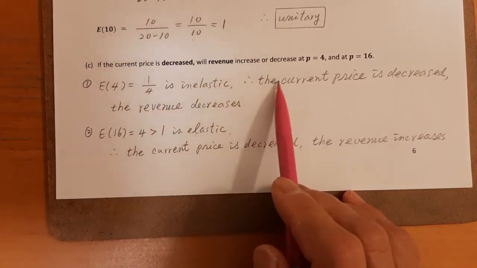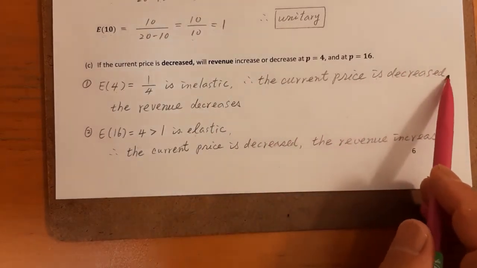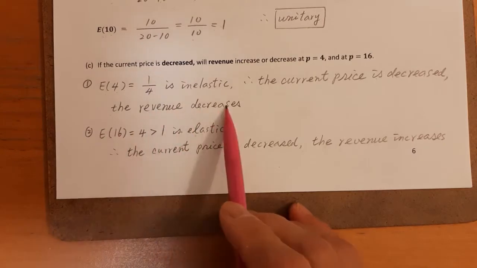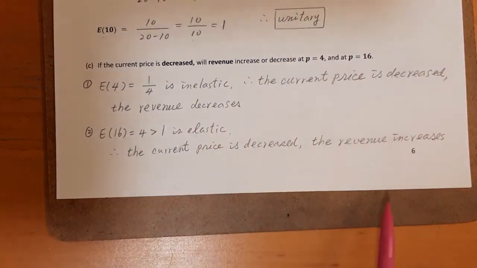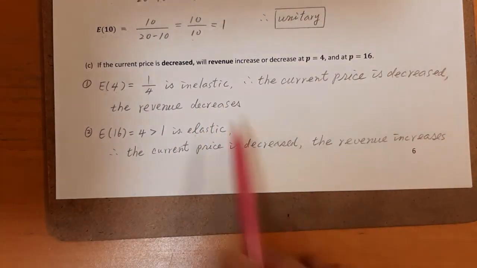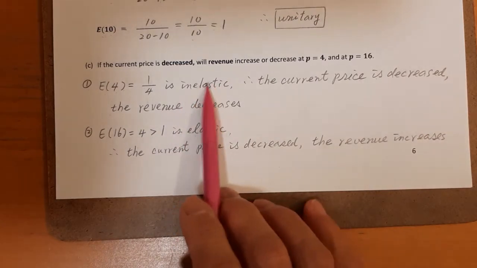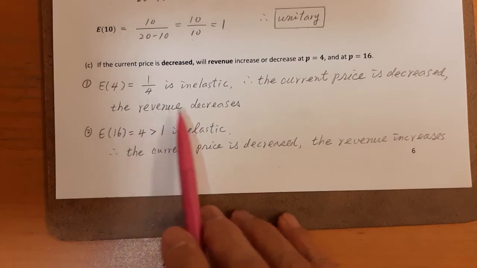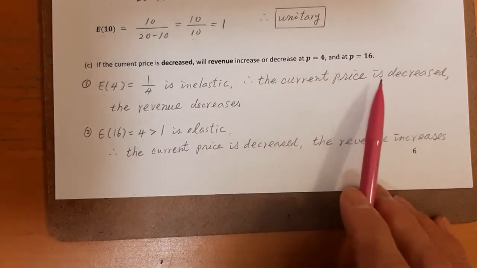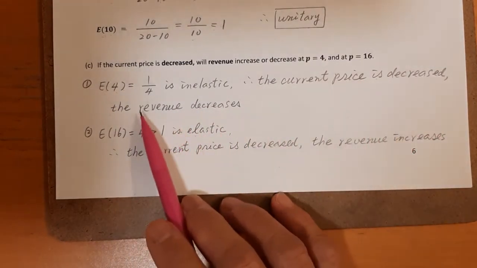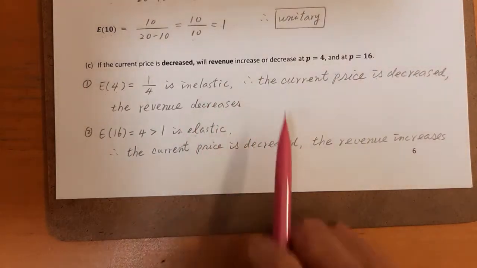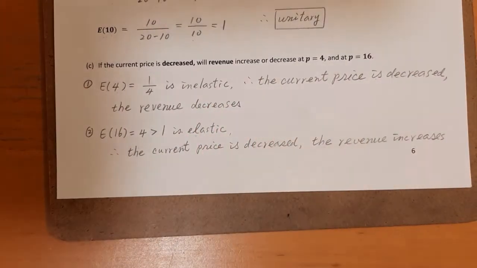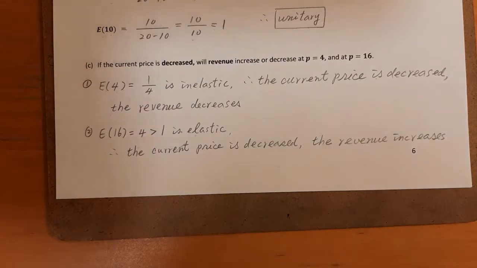So if the current price is decreased, then the revenue also decreases because they are in the same direction.